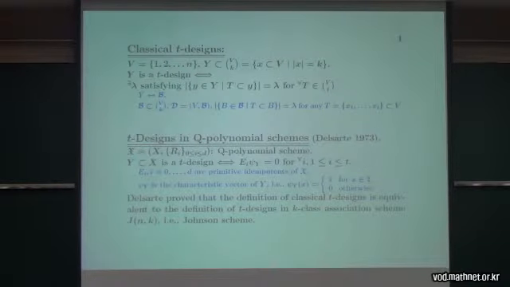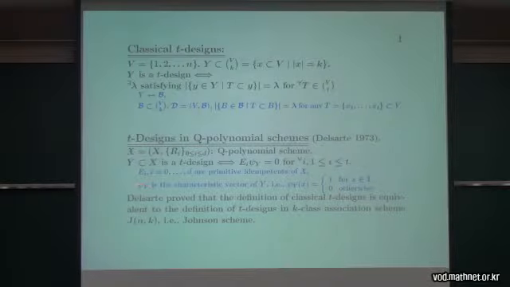So X is a Q-polynomial scheme, R_i the relation between two points in X, and Y is a subset of X. Y is called a t-design if E_i, the primitive idempotents of this association scheme, satisfy E_i times phi_Y equals 0 for any i from 1 to t.